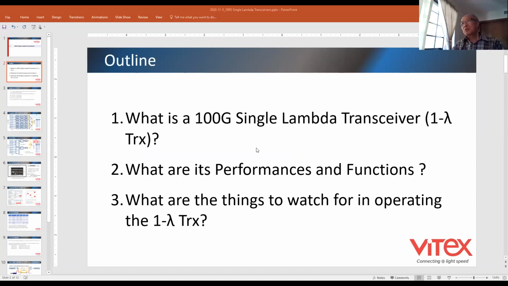First of all, I explain briefly what the single lambda is. Then I talk a little about their performance and some functions, and third, the things to watch out for when you operate the single lambda in a switch environment, for instance.